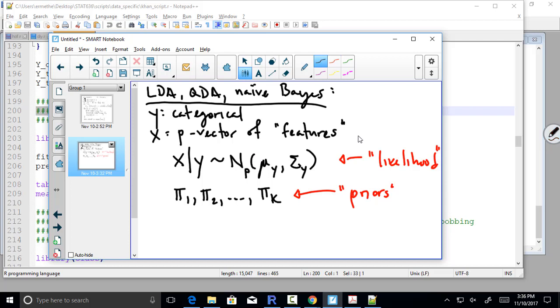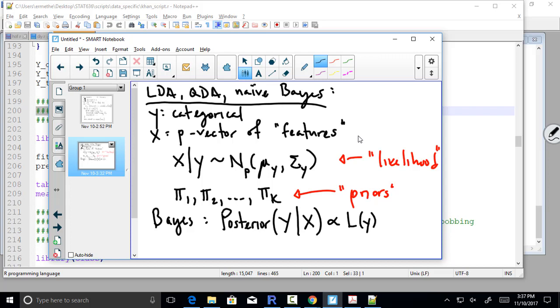With this setup, a likelihood and a prior, we can apply Bayes' theorem to say that the posterior probability, that's the probability that the class is a particular class given the data, is proportional to the likelihood times the prior.